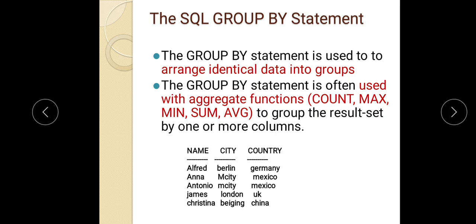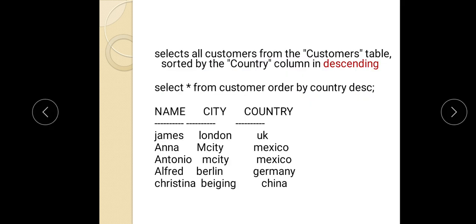For example, in the previous example, we are taking the column country. Country has repeated values. Mexico is repeated, so here we can have two Mexicos.